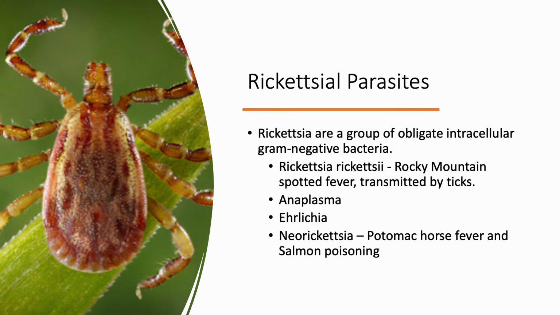Anaplasma, and there's a lot of different types of anaplasma. Ehrlichia, again, there's multiple types of Ehrlichia. And then Neorickettsia, which is the infection that causes Potomac horse fever and also the salmon poisoning. This is the rickettsial infection that you could find in the Nanophyetus salmincola fluke that I mentioned a few slides back.